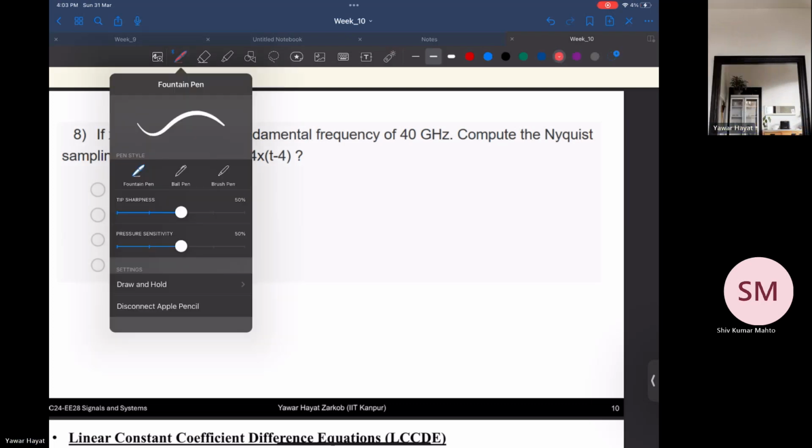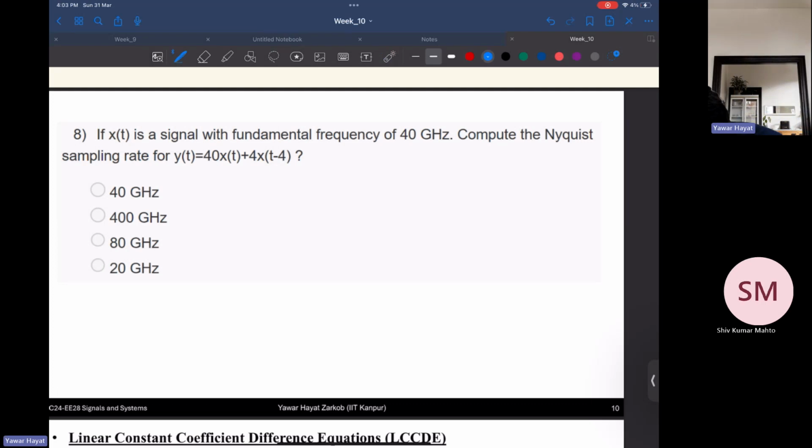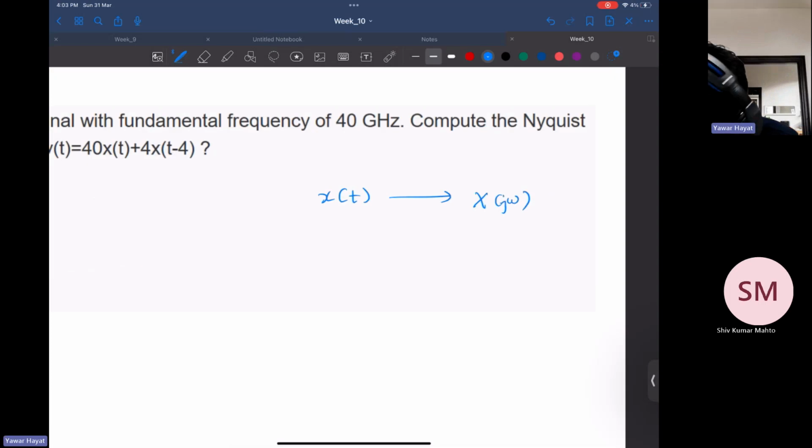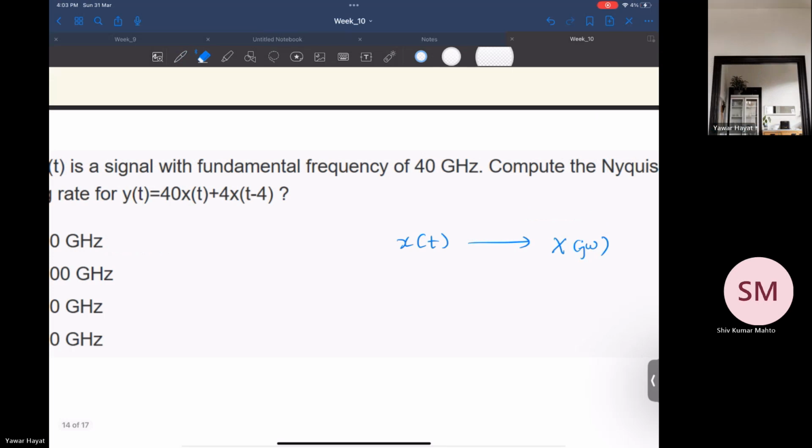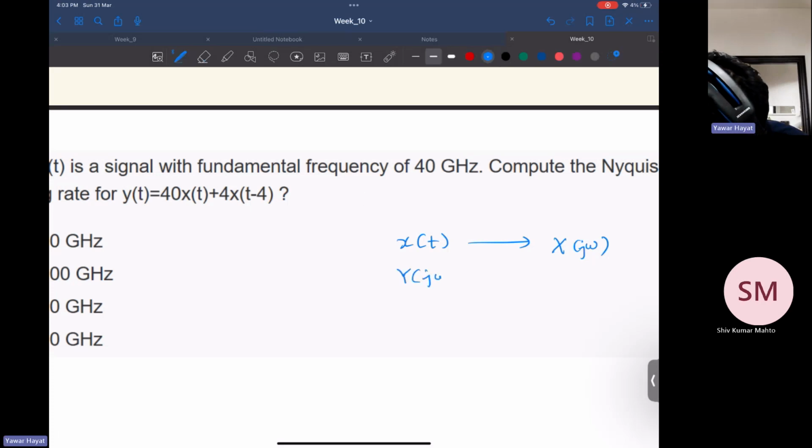The complex exponential factor gets multiplied in the frequency domain. What I'm trying to say is, if your x of t had a Fourier transform X of j omega, if that was your notation, then what would be Y of j omega?